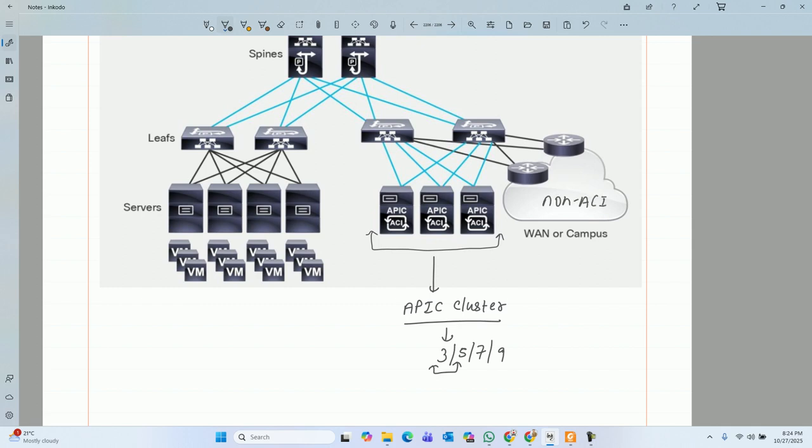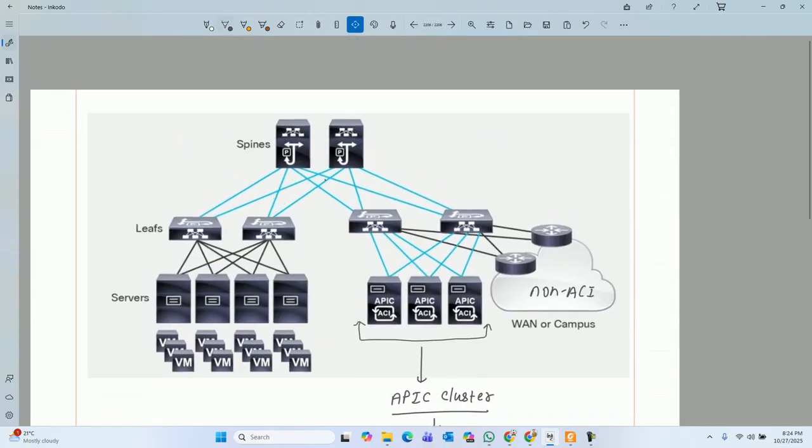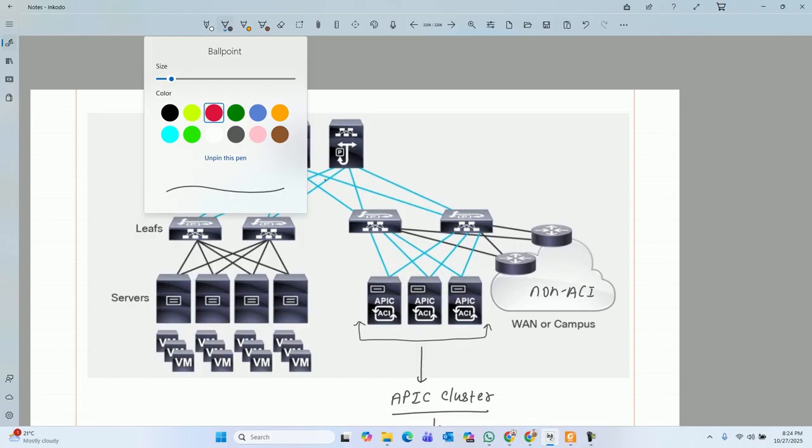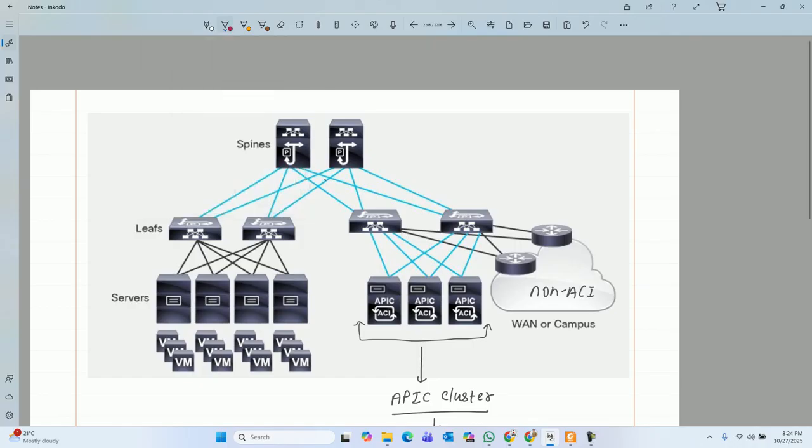So this is the non-ACI network, and this is the ACI network. So we have ACI to non-ACI connectivity, and for that reason, I was already giving you an idea, right? The day when we were talking about the content we're going to cover here. So we also have a part known as external connectivity.